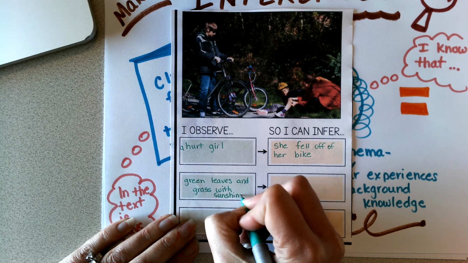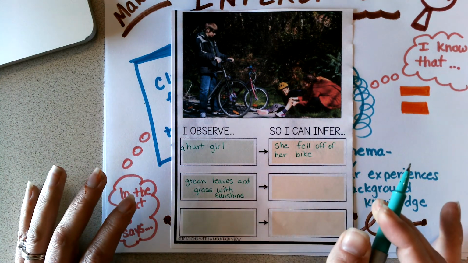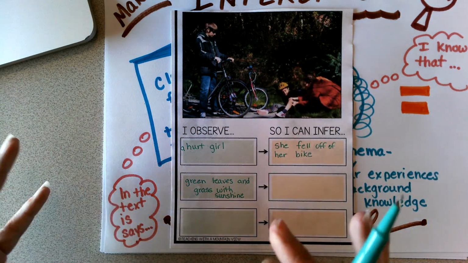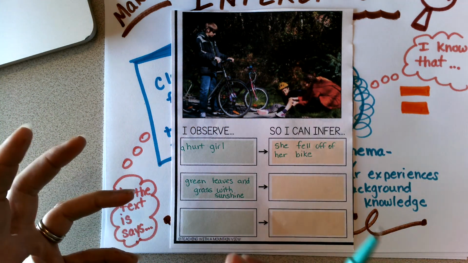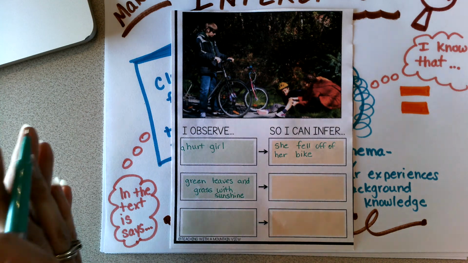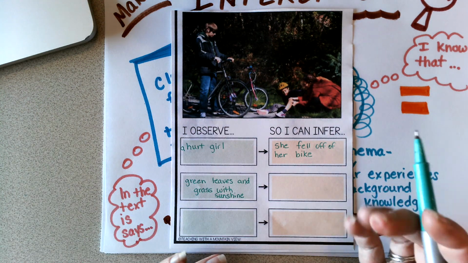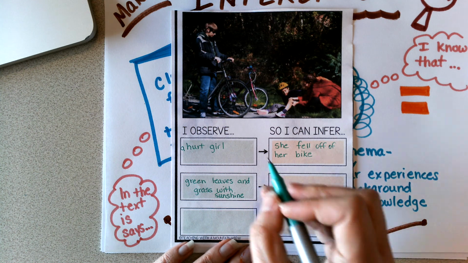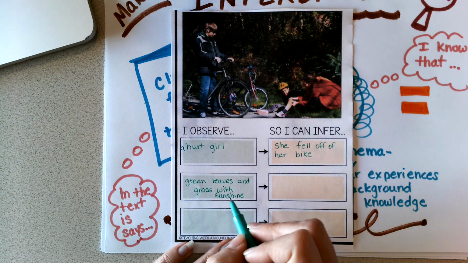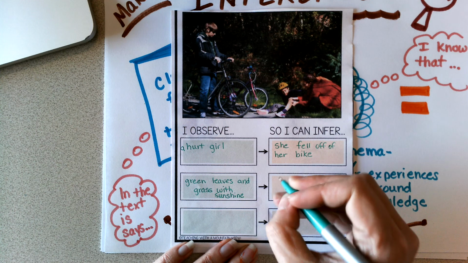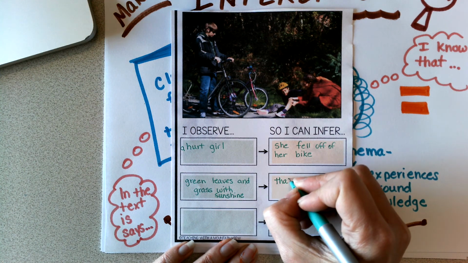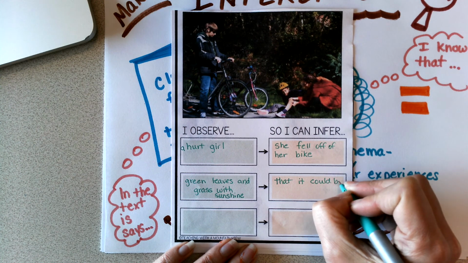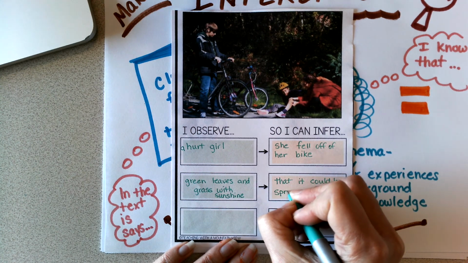Based on what I know, when things are green, and look, there's still a little brown in there, so I think things are turning from winter when it was brown to green. And what I see and what I have experienced in my life, I observe green leaves and grass with sunshine, so I can infer that it could be springtime.